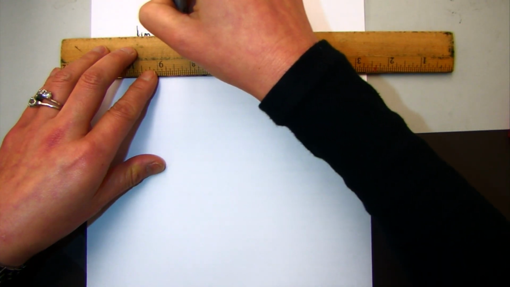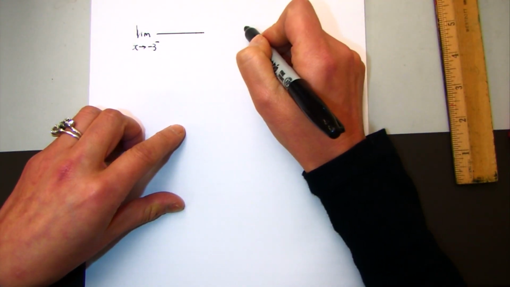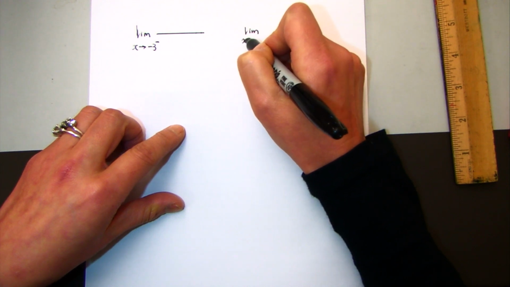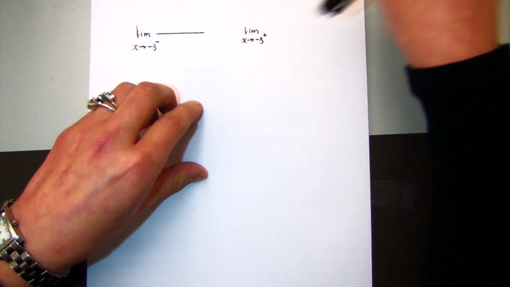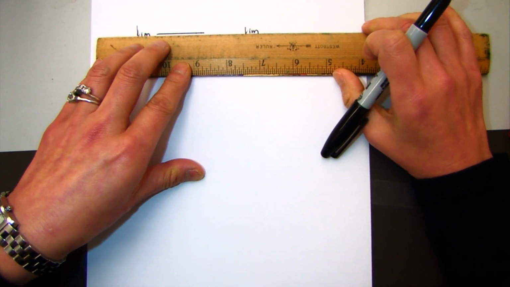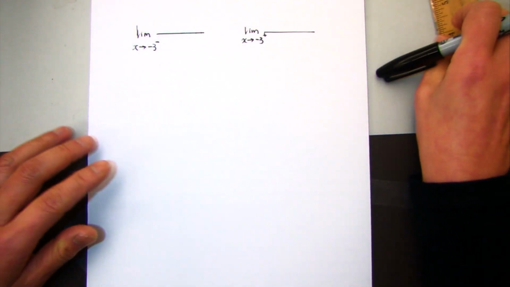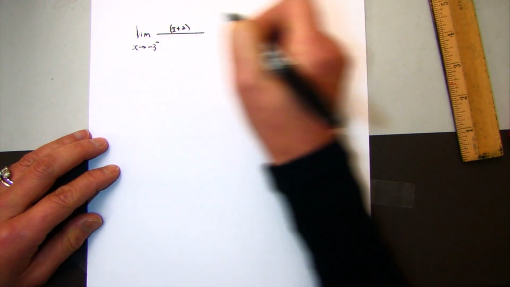I'm going to write that right limit at the same time so we can compare and contrast. Okay, name of the function, factor the version preferred.